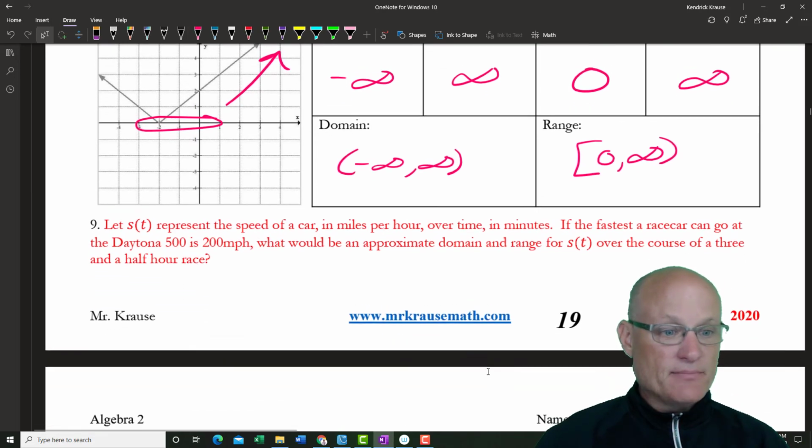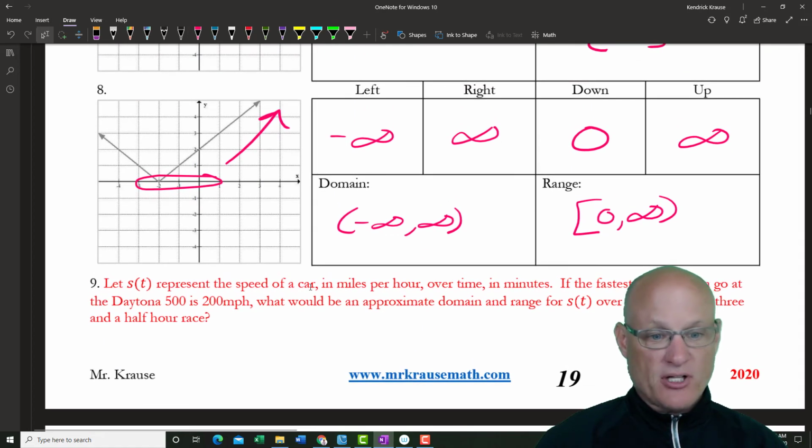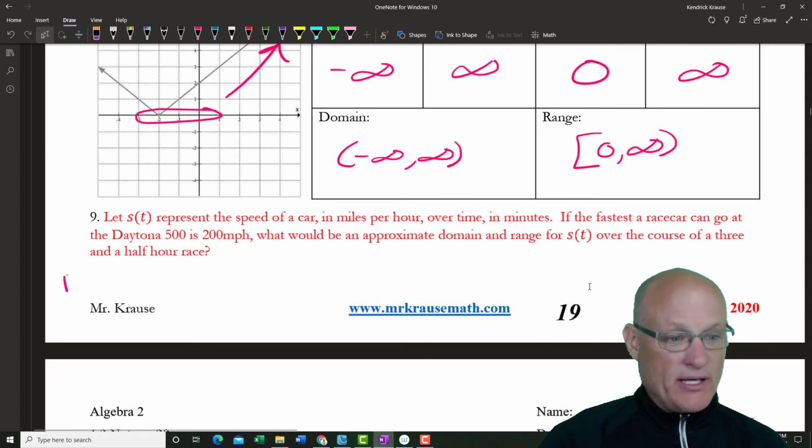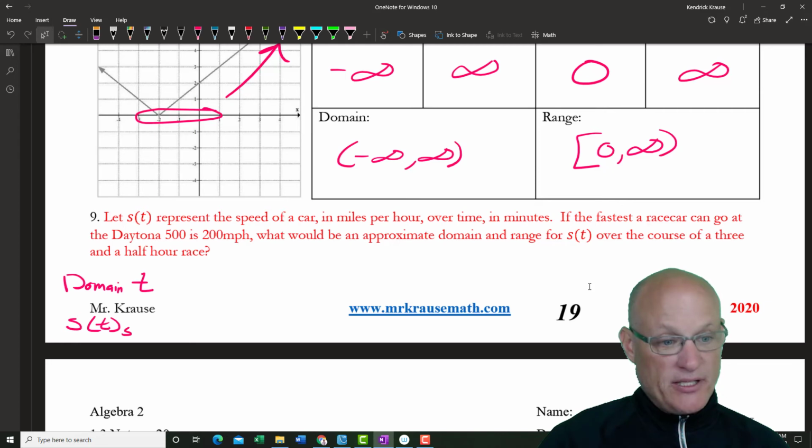And finally, S of t represents the speed of a car in miles per hour over time. So it's time. So time is domain. And speed, which is S of t, is the range. This is the speed. This is the range.